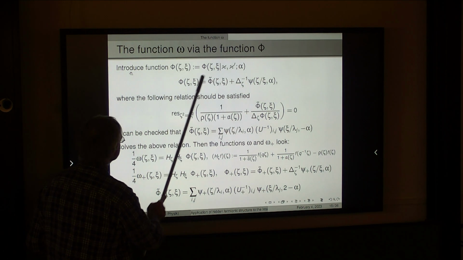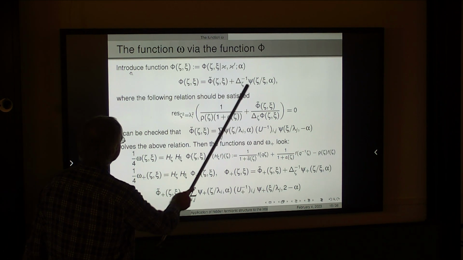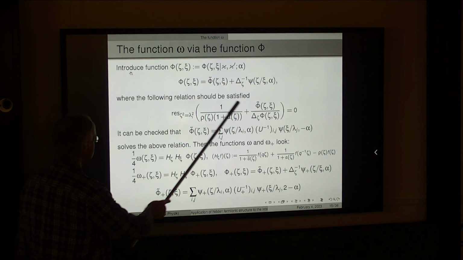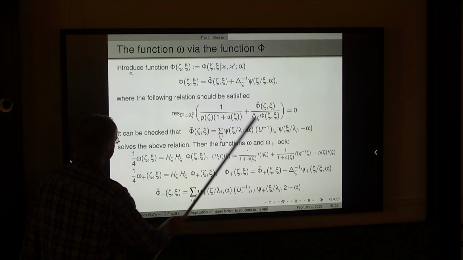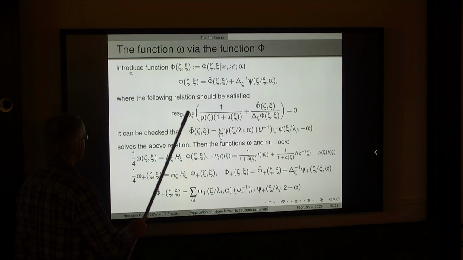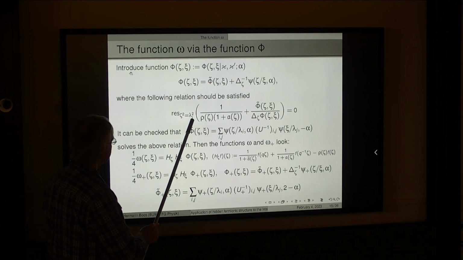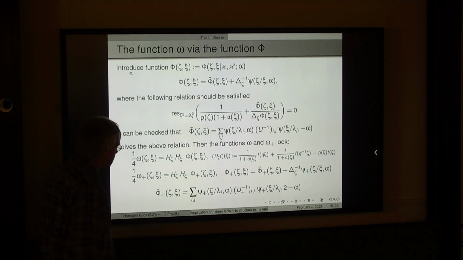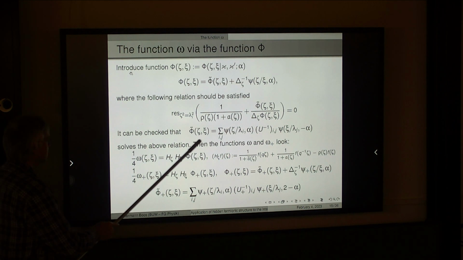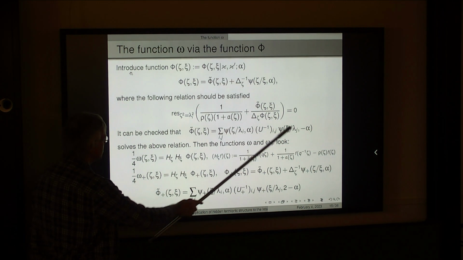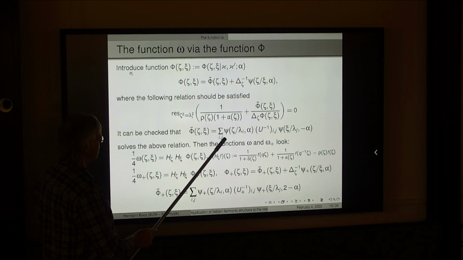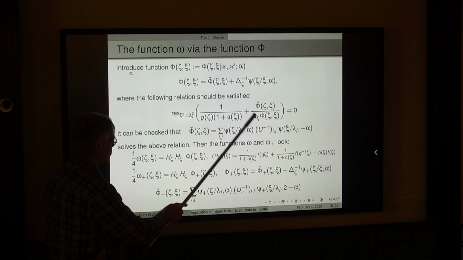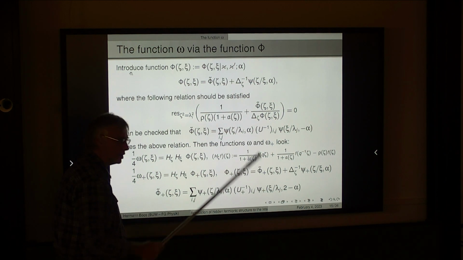Phi is some function which has the following form with some phi tilde, and the following relation should be satisfied: the residue at all beta roots of this combination should be 0. And it can be checked that this expression for phi tilde solves this problem with the same matrix U that we had before.